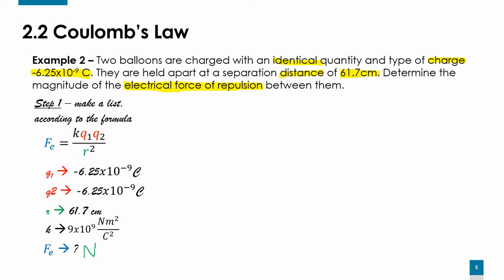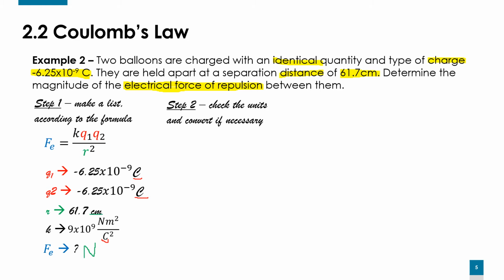Now, what's the second step? The second step is check the units. So let's check the units. Here, I have my charge in Coulomb. Is it okay? Yes, so my charges are fine. They are in Coulomb, the same as the constant. What else do I have? My distance in centimeters.